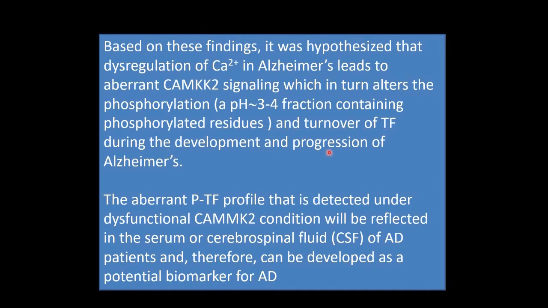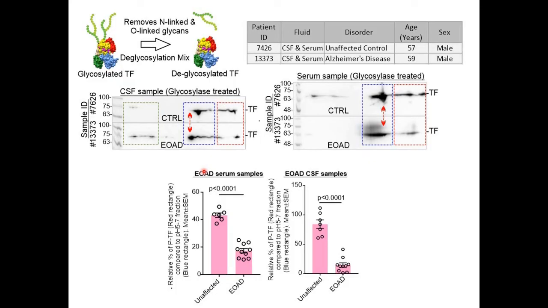It was further hypothesized that the aberrant phosphotransferrin profile detected under dysfunctional CAMKK2 conditions will be reflected in the serum and cerebrospinal fluid of Alzheimer's patients and therefore can be developed as a potential biomarker for AD.